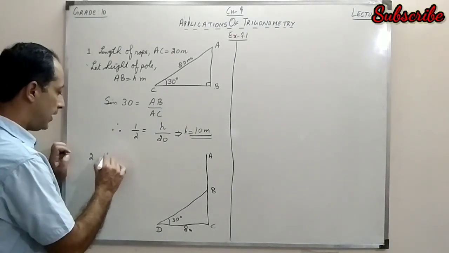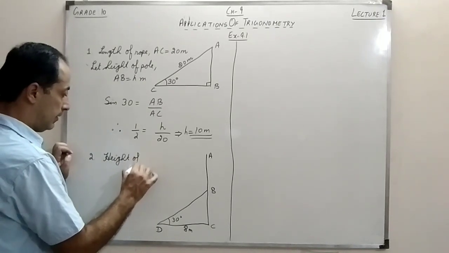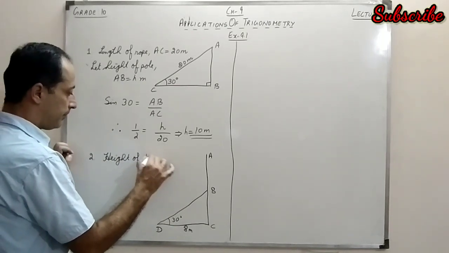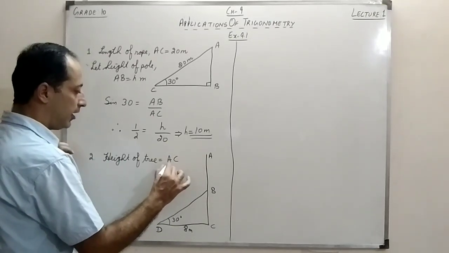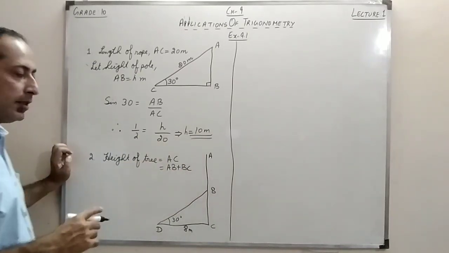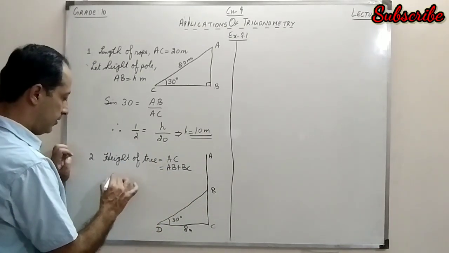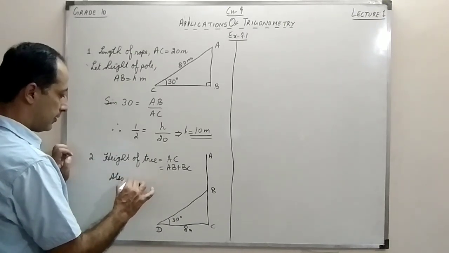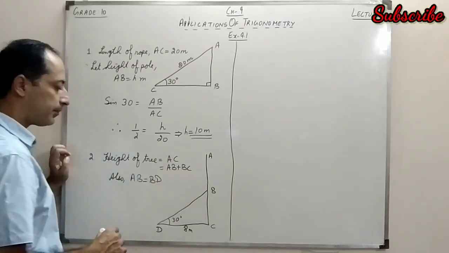Now, height of tree is equal to AC, and this is equal to AB plus BC. Now this broken part is equal to this thing also. AB is equal to BD.